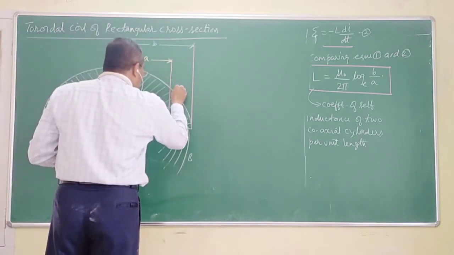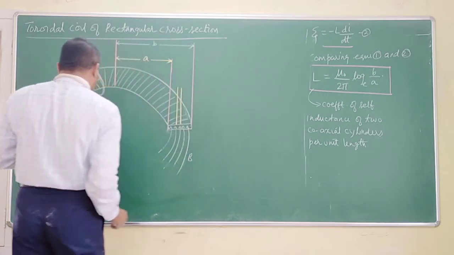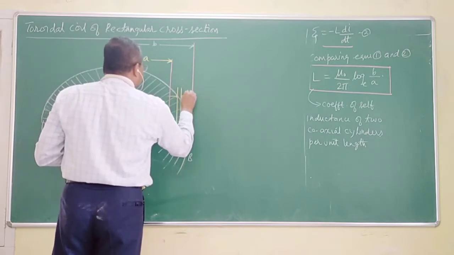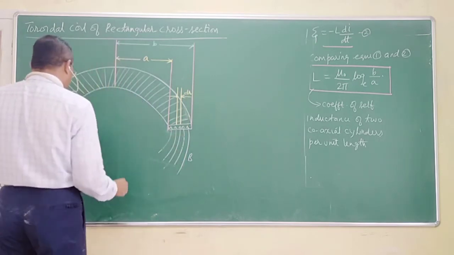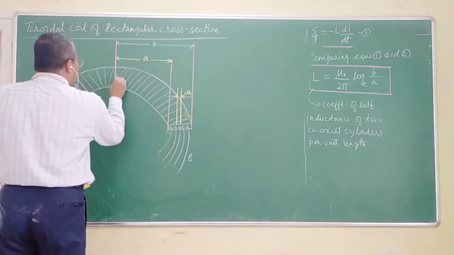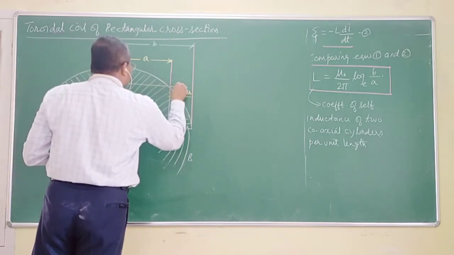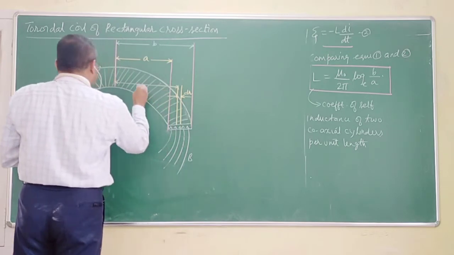I will take a small element here. Okay? The thickness of this element, let us take it as dr, and let us suppose this element is at a distance r.